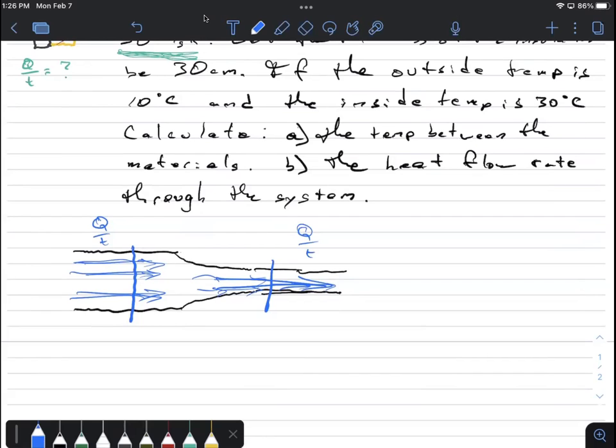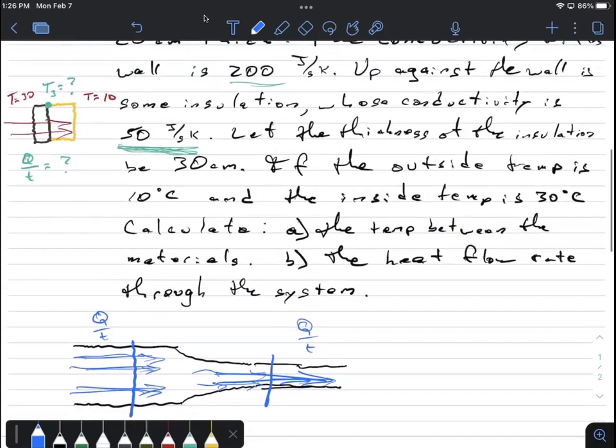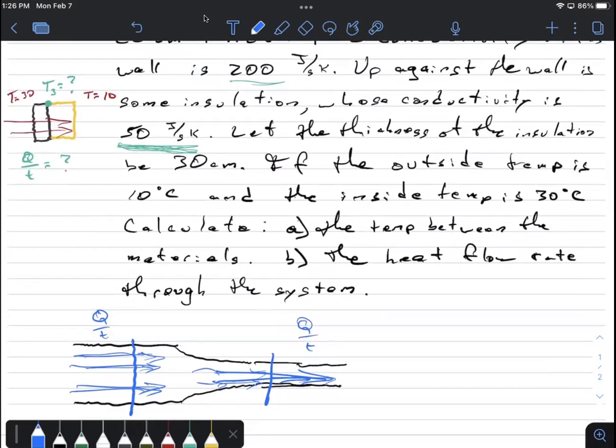Well, it turns out heat energy works the same way. If we have these two materials here, one allows a certain amount of heat rate, another is a different amount of heat rate, generally speaking. Once we put them together as one system, then what will be true is the heat will flow through the whole system in such a way as to have the heat flow rate through the first material be the same as the heat flow rate through the second.